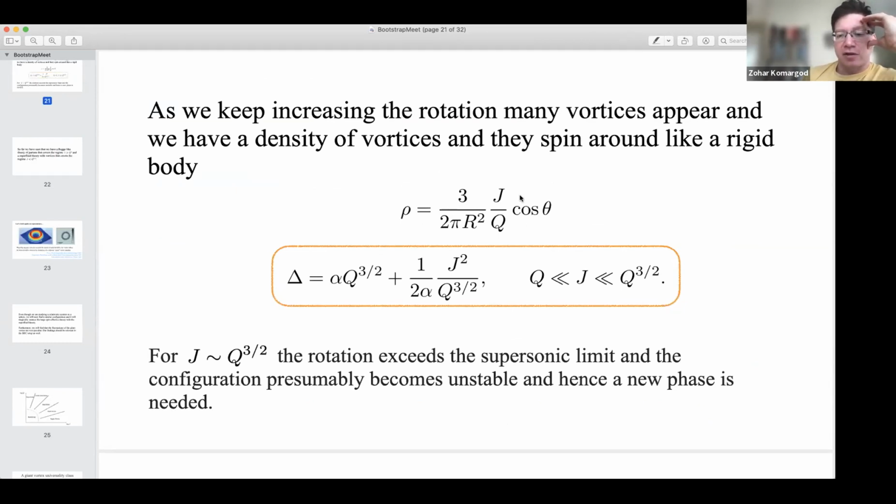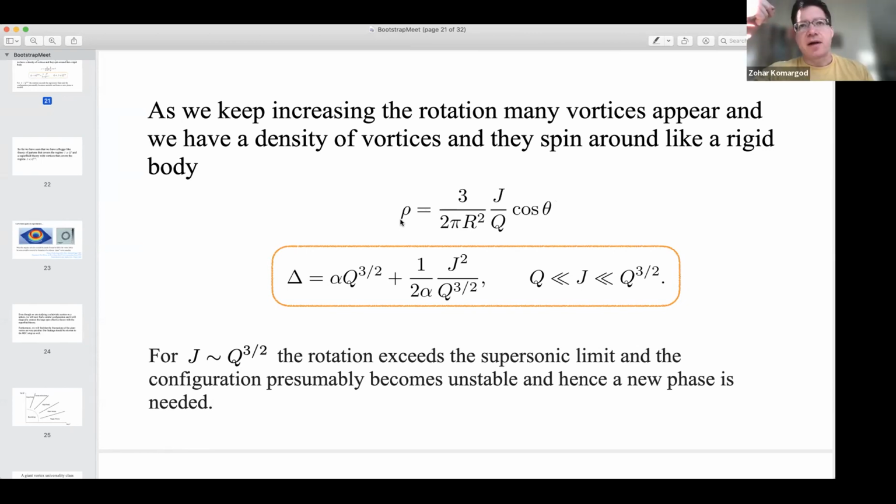So this is the analog of the Abrikosov lattice. And this is the density of vortices. You can compute the total number of vortices by integrating the density of vortices. And you see the vortices spin around the sphere. They have no choice but to spin around the sphere, because they are repelling each other.